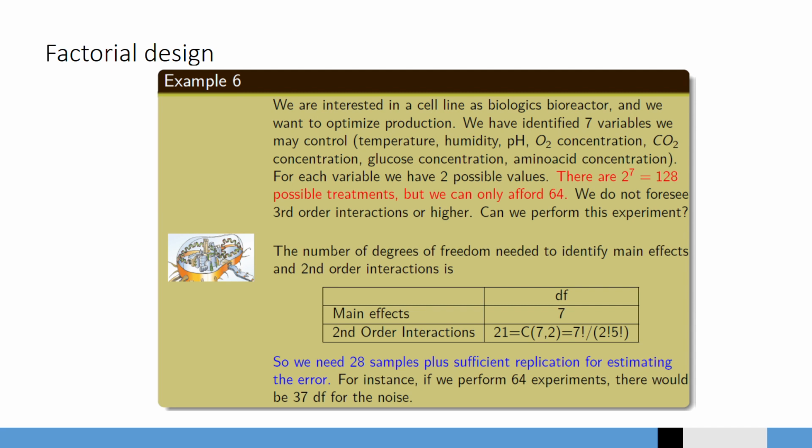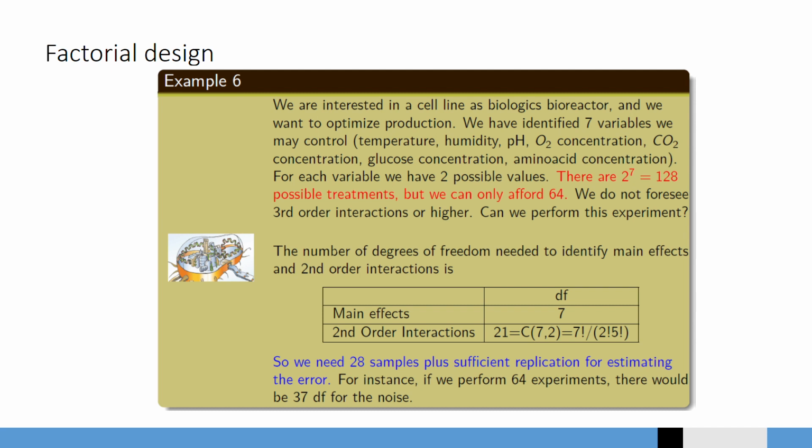But it is even more. You don't need to try all combinations actually. So with only 64 experiments, still you would have a lot of power to identify the effects of each one of these variables. So you don't need to make all combinations, and this is a very surprising idea.